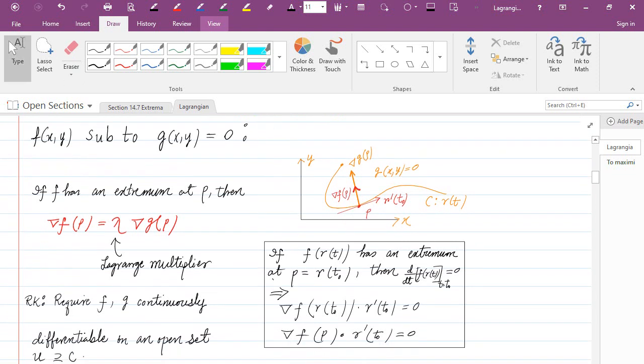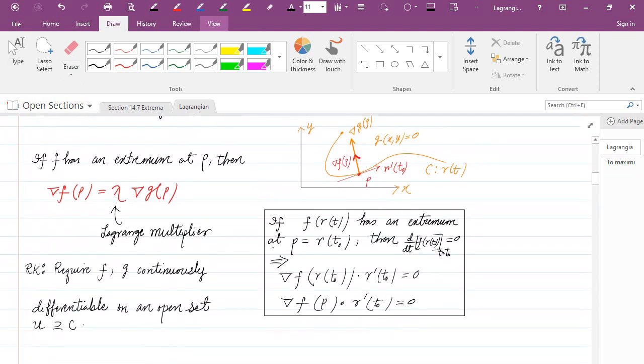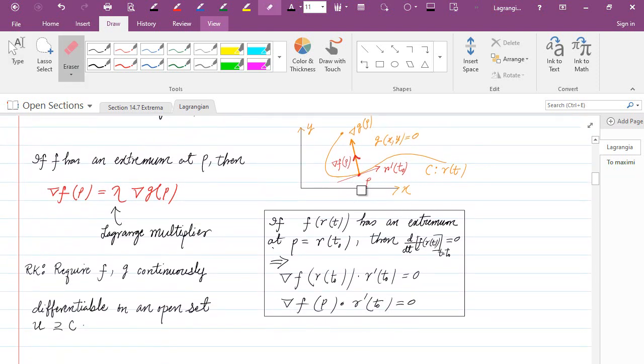Let's see why. Remember, r of t varies over the points on the curve as t varies over the domain of this vector function.